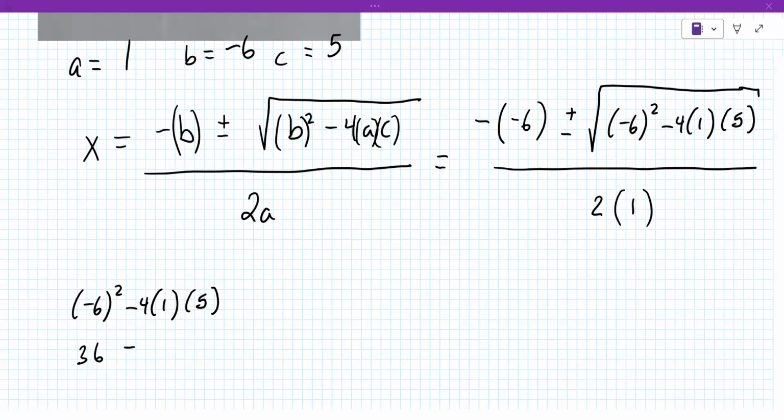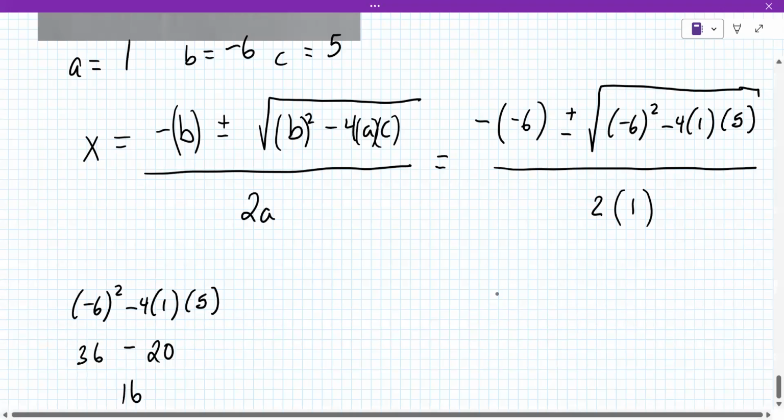Let me know when you're caught up. I'm caught up. All right. Now we have to multiply 4 times 1 times 5. Can you multiply those three numbers for me, please? 20. What is 36 minus 20? 16. Okay, so now we're going to go back to the formula over here on the right.